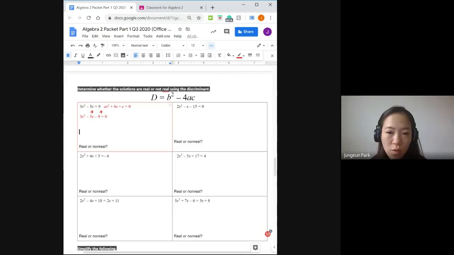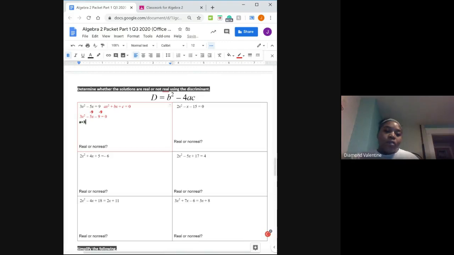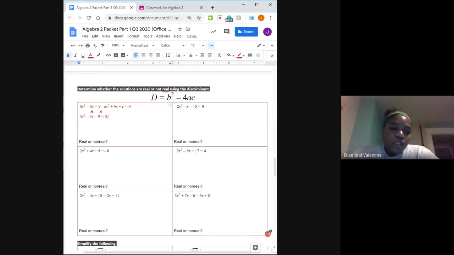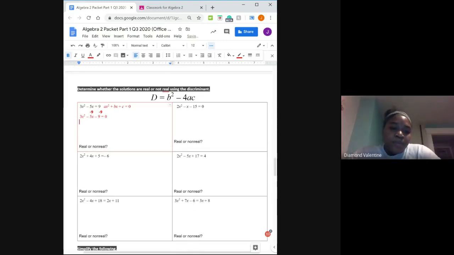After you subtract 9 from both sides, you should get this. And now you know what A, B, and C are. What is A? A is the number in front of x squared, the coefficient of x squared, which is 3. B would be -5.